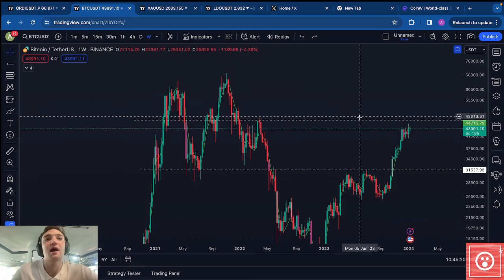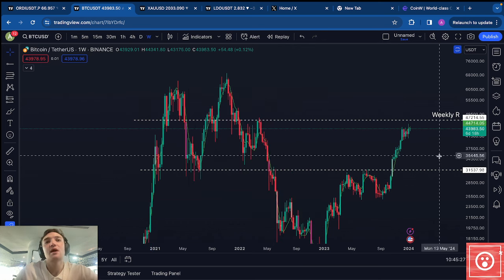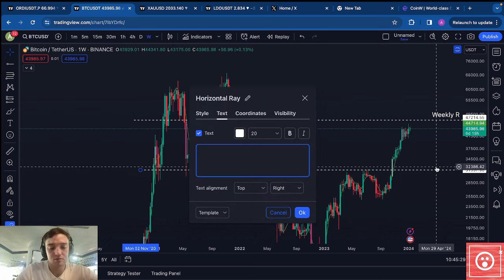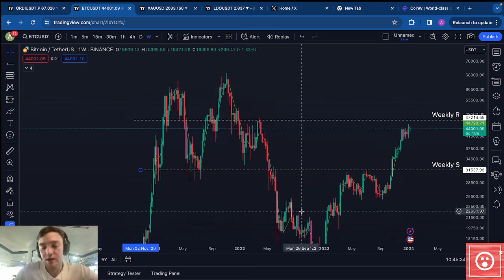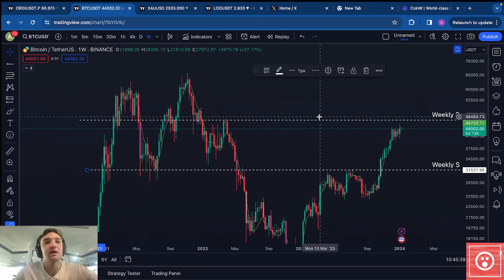So we have our weekly high and our weekly low. You can actually name them: weekly resistance, then weekly support. Beautiful. Now we have these two levels.